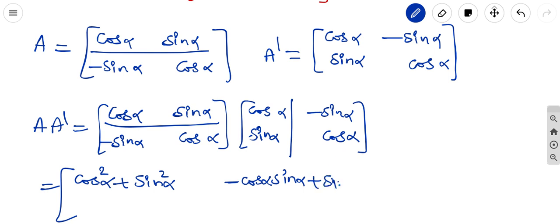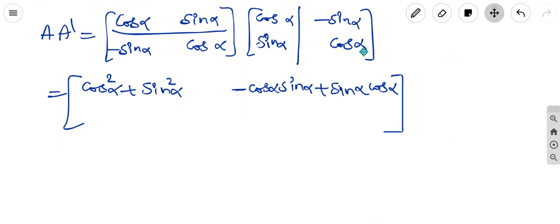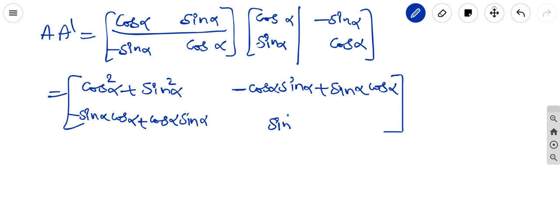Then the second row multiplied with the first column: minus sin alpha cos alpha plus cos alpha sin alpha. Then minus sin alpha into minus sin alpha, sin square alpha, plus cos alpha into cos alpha, cos square alpha.